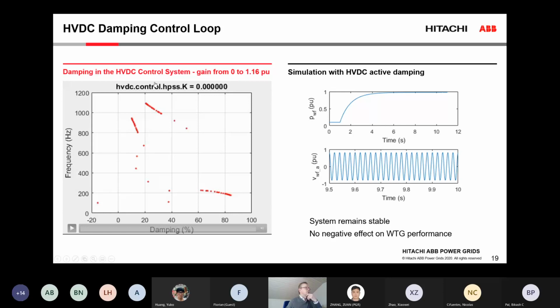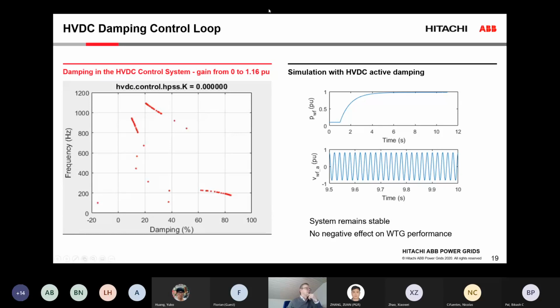It is based on lead lags. Those have been carefully designed to consider the resonance frequencies. So what you do is you use the eigenvectors and you calculate modal controllability and observability, and you can use that to define a compensator for the HVDC control.